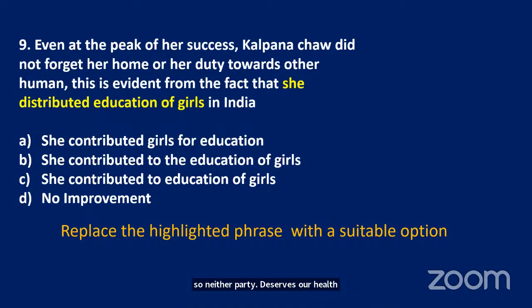Even at the peak of her success, Kalpana Chawla did not forget her home or her duty towards other human. This is evident from the fact that she distributed education of girls in India. Is it right? She distributed education of girls.